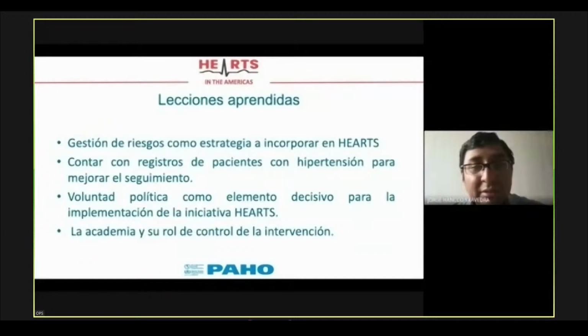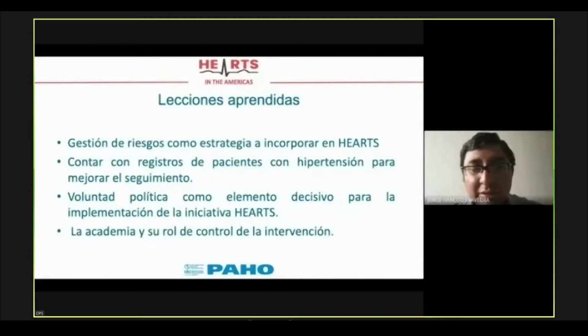Another thing that the pandemic has taught us is that we cannot have good health management in the different systems if we don't have patient registers for hypertensive patients. All hypertensive patients in these centers have to be properly identified.